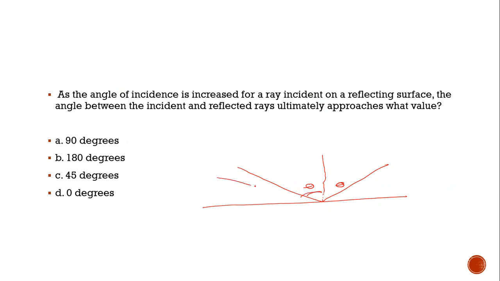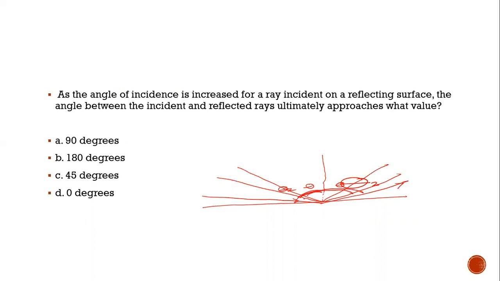Then we have another ray around here. The angle of reflection will also be around here. So we have a new, say, theta 2, another theta 2 here. So you can see it's increasing and the angle between them is also increasing. As we keep doing it, the angle of incidence is here, and the angle of reflection will also be somewhere around here.